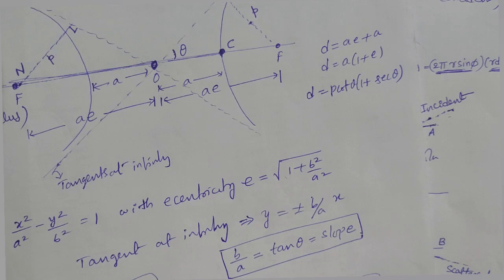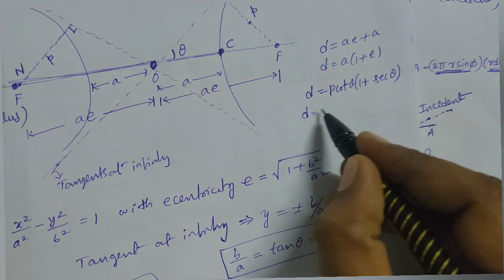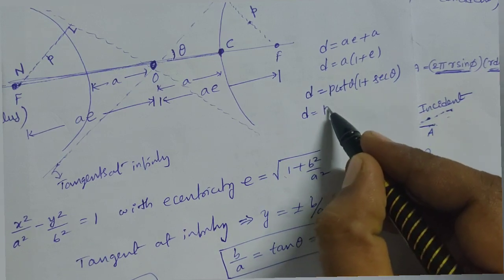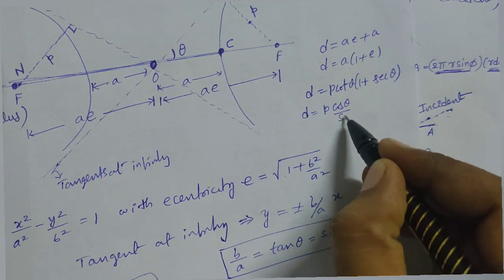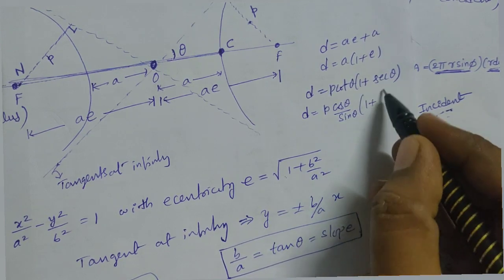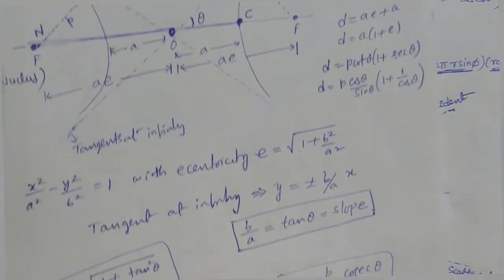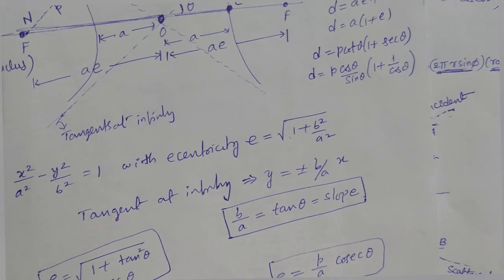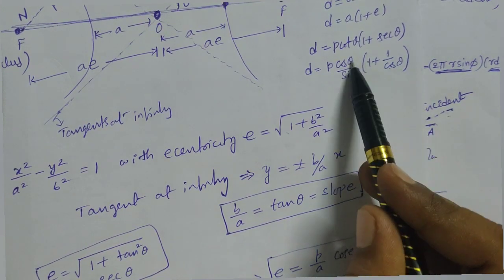If I simplify this, d will be equal to P cot theta, that is cos theta divided by sin theta, into 1 plus sec theta, and sec theta means 1 by cos theta. If we simplify a bit, cos theta goes upward and cancels with this.